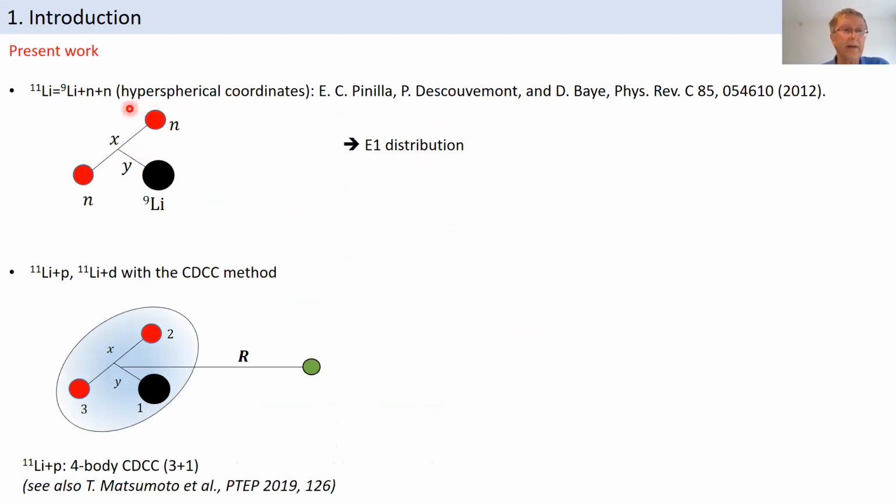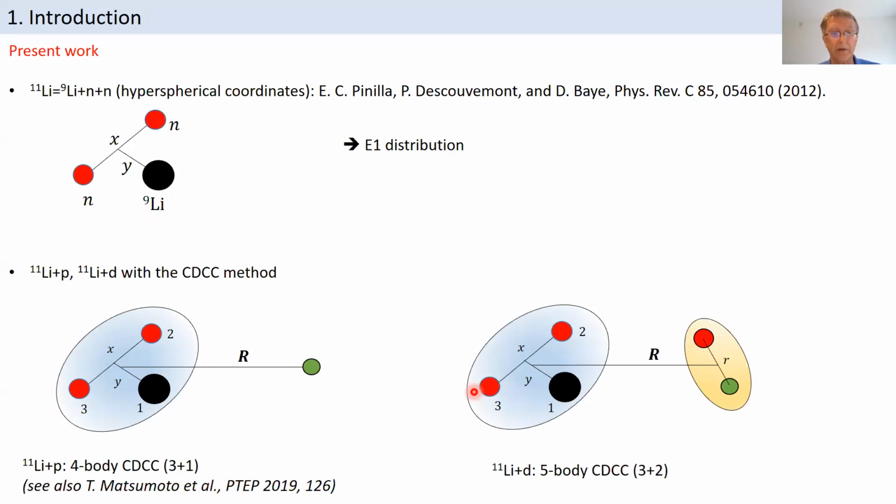Then the idea is to use the same formalism, I mean the same Hamiltonian for lithium 11, to 2 reactions, so one lithium 11 plus P. So this is a 4-body model. This was also considered by Matsumoto and co-workers, but in slightly different conditions.